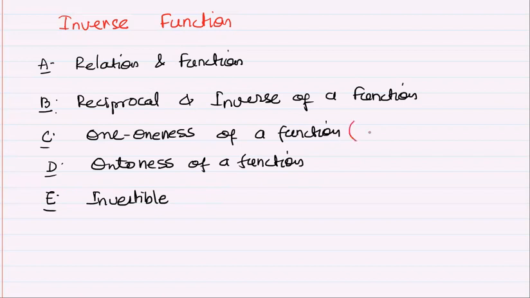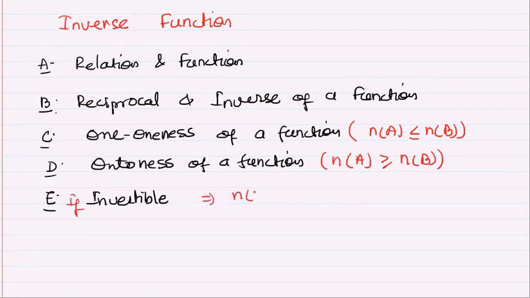So the one-oneness, that is n(A) less than or equal to n(B), and the ontoness, n(A) greater than or equal to n(B), and if invertible, that implies n(A) is equal to n(B). So you understand these two things apply simultaneously, the third and the fourth.